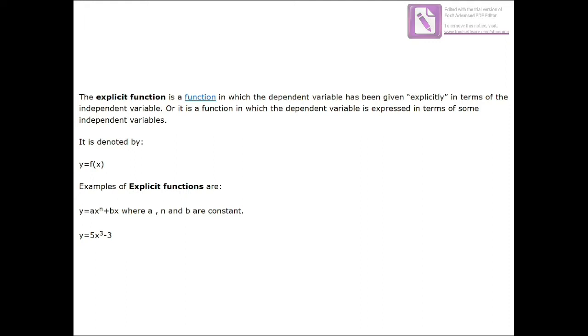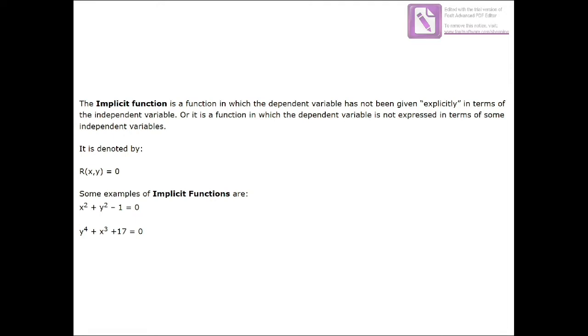Let us see what is the implicit function. The implicit function is a function in which the dependent variable has not been given explicitly in terms of the independent variable, or it is a function in which the dependent variable is not expressed in terms of some independent variables, and it is denoted by r(x,y) = 0 or f(x,y) = 0.